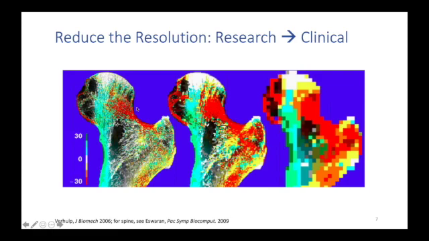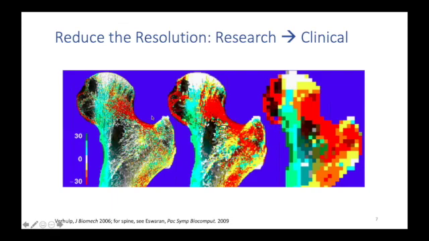Question then is, so you're looking at those images on the left. If you dumb down the resolution to what you're looking at on the right, where you've got a fairly low resolution model, can you get useful information out of what you see on the right? And a group in Europe out of the Netherlands did these kinds of studies in the 2000s, and we repeated these studies for the spine, and it turns out, yes, you actually get reasonably good agreement.